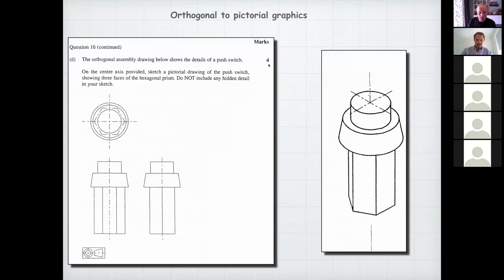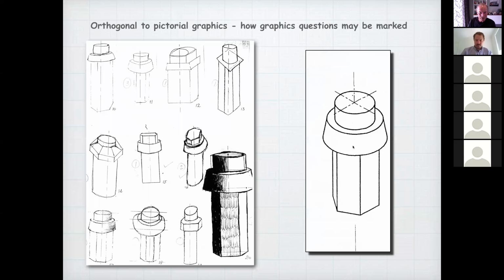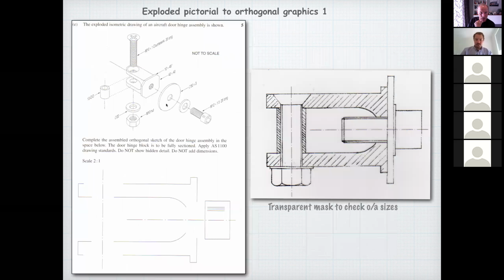Now, this is 6 minutes to do that. You'd have to be pretty good to do that in 6 minutes. This is how I used to mark them when I had big numbers. I used to just go through the papers and get sample answers and allocate a mark to each one. And I'd have this beside me so that when I'm marking, I can be fairly consistent.